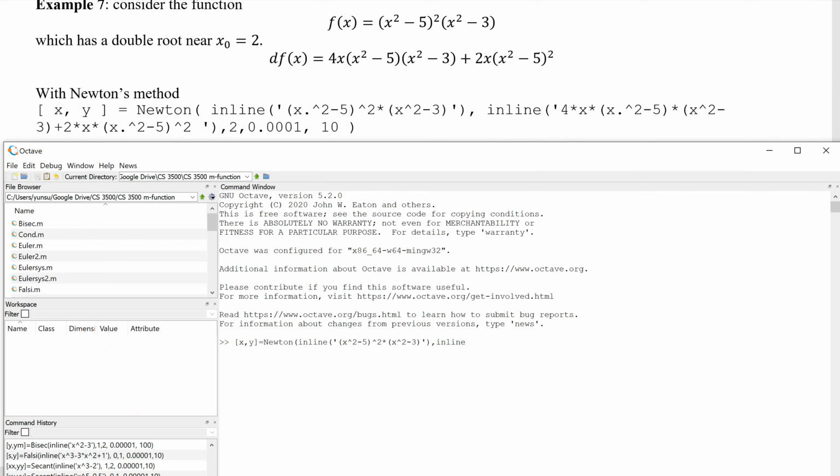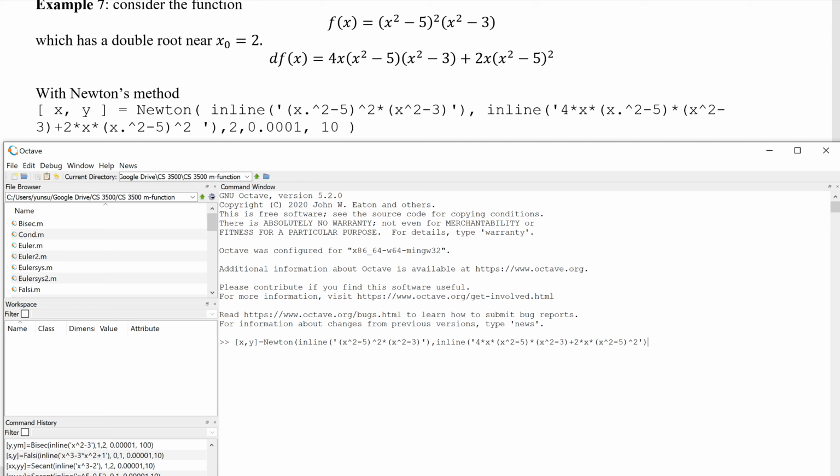Inline 4 times x squared minus 5 times x squared minus 3 plus 2 times x times x squared minus 5 square.